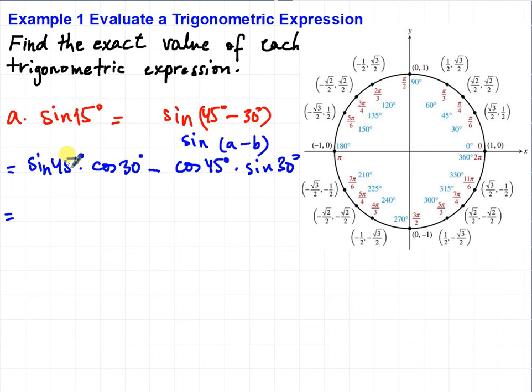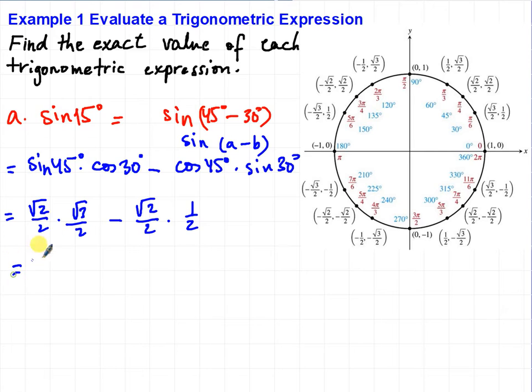Sine 45 is the y value of this point, radical 2 over 2, times cosine 30. 30 is here, cosine is the x, radical 3 over 2, minus cosine 45. 45 is here, cosine is the x, radical 2 over 2, sine 30 is 1 over 2.